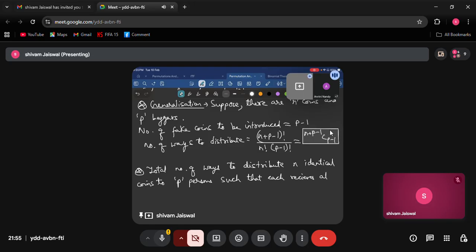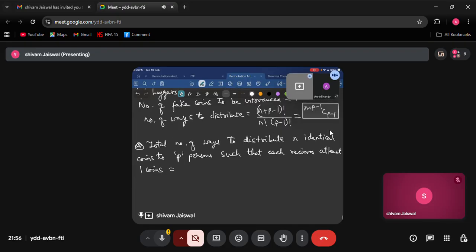Means none of the beggars goes home without a coin.